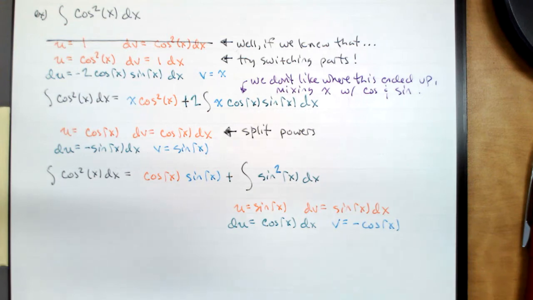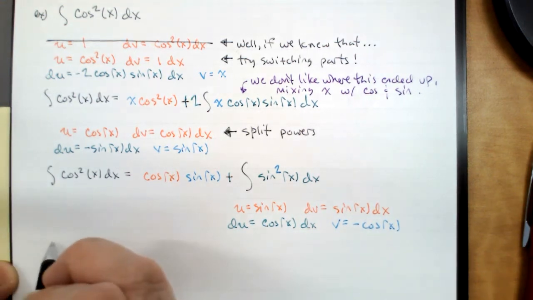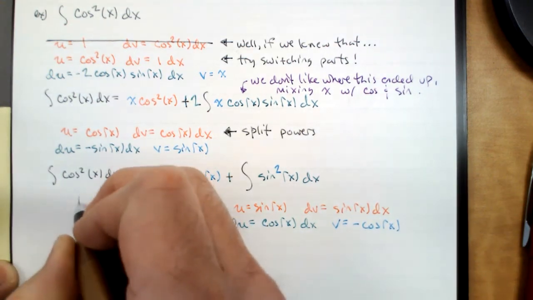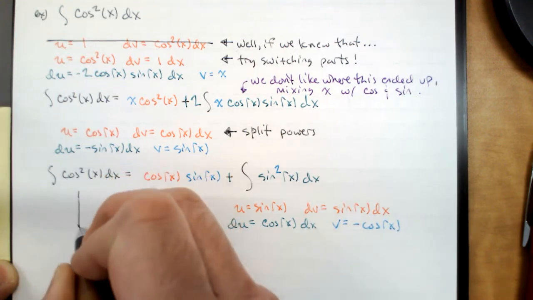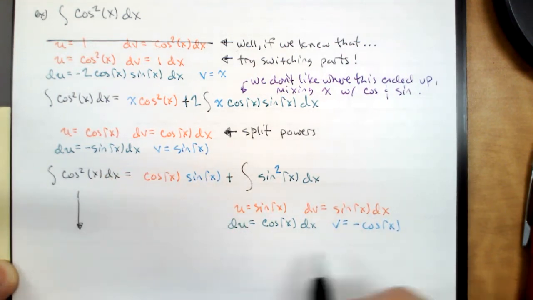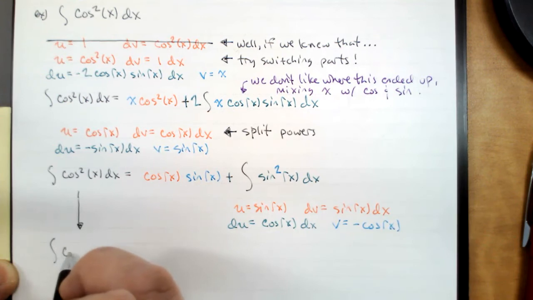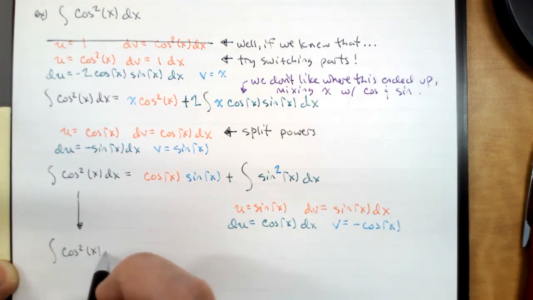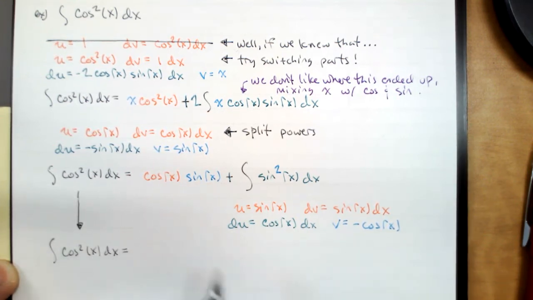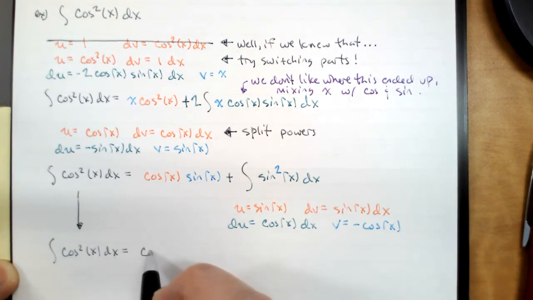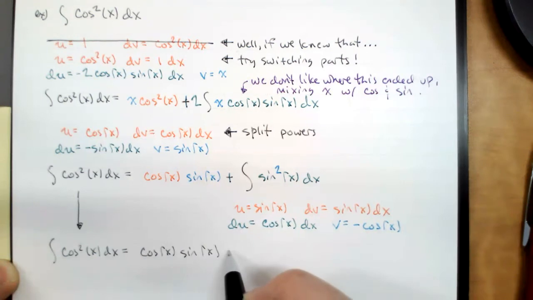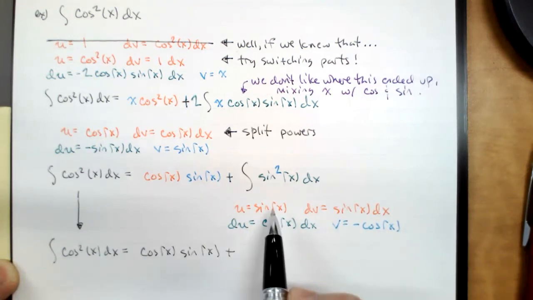So what we have is that the integral of cosine squared, after our integral jump, we have cosine sine plus the integral uv minus the integral of v du.